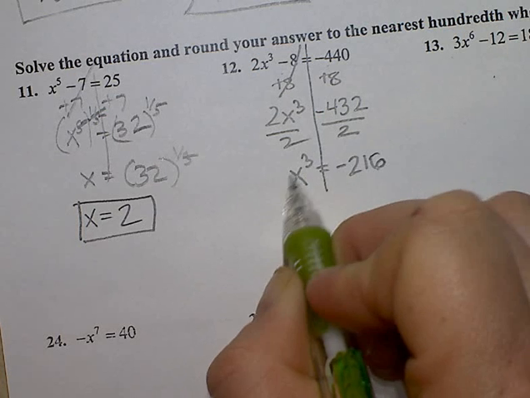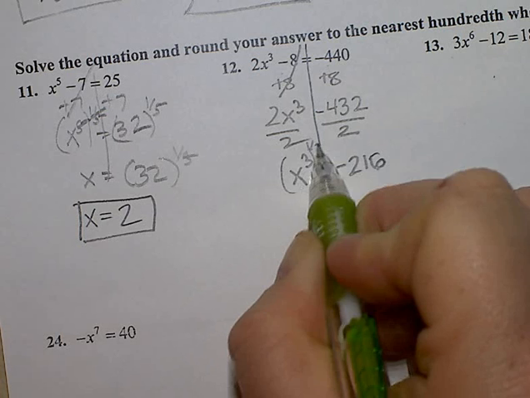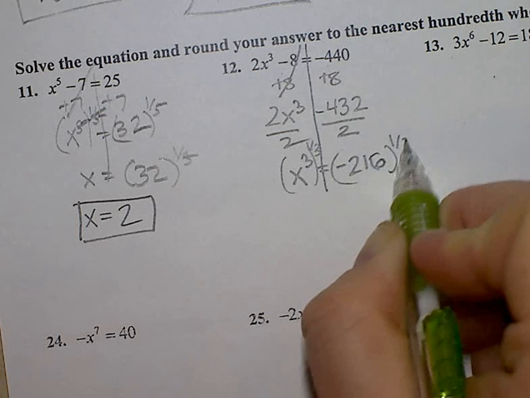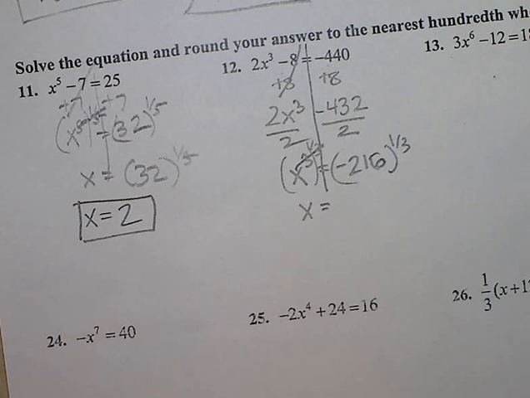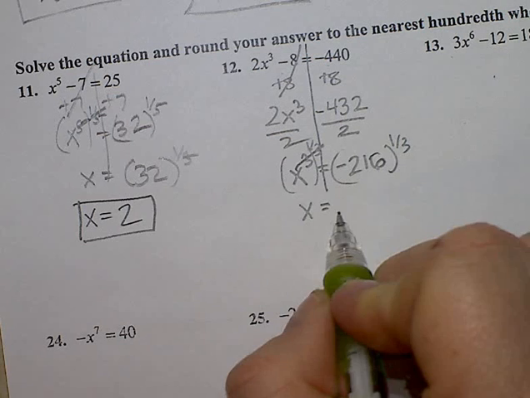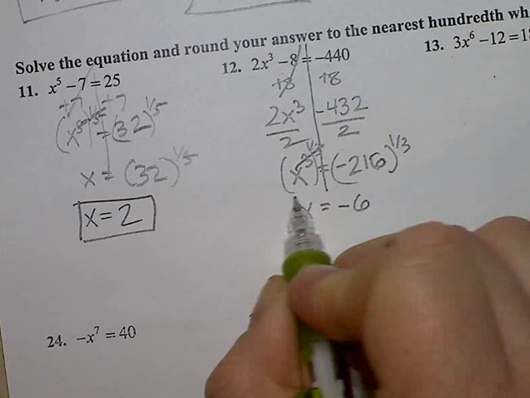I raise it to the reciprocal, which is 1/3. If you're going to choose to use a calculator, it's important to use parentheses. So in your calculator, you're going to do beginning parenthesis, negative 216, end parenthesis, raise it to the 1/3 power in parentheses, and I believe the answer is negative 6. You can check with me and see if I'm correct.